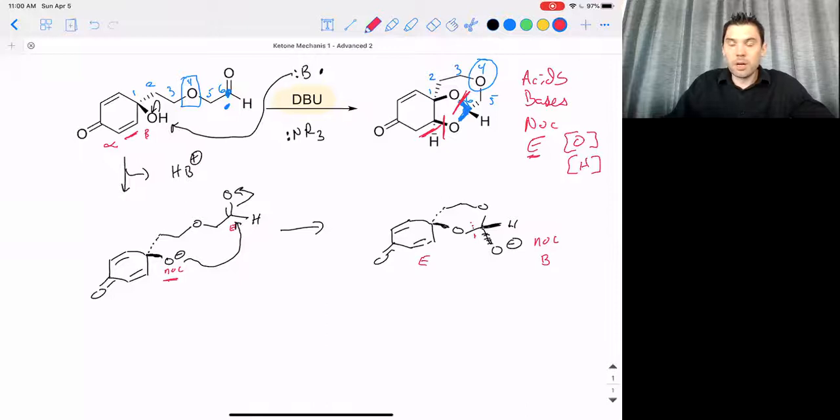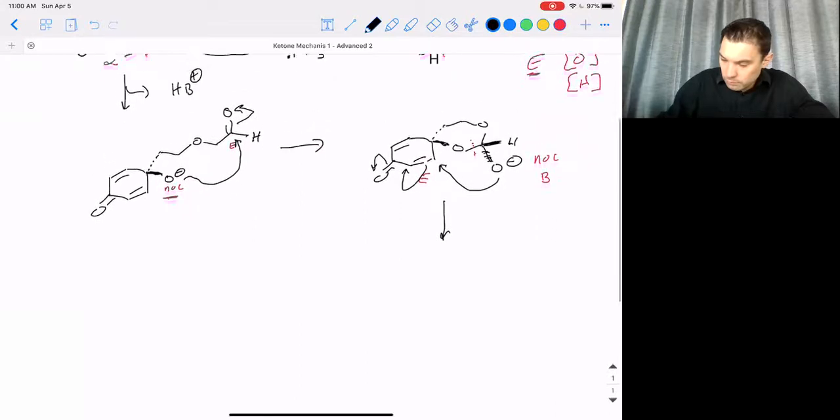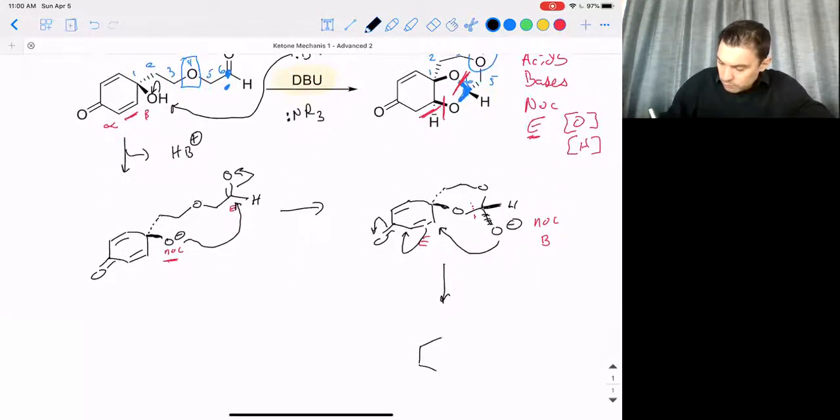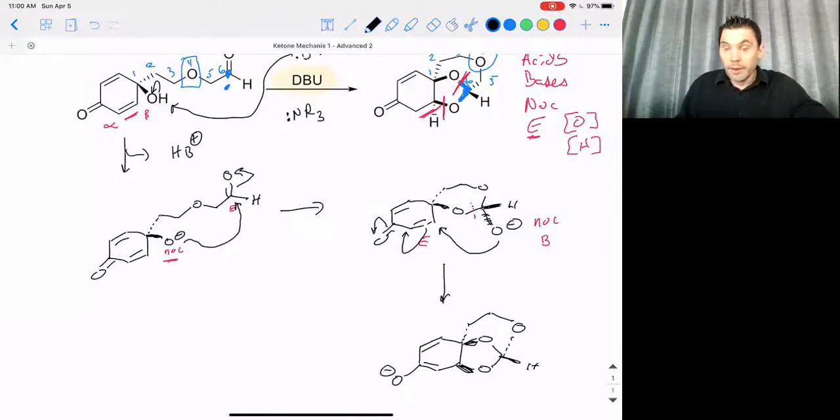And so we're going to use the new O minus that we formed to go ahead and attack at that position. So there we go. And this now would be an enolate.